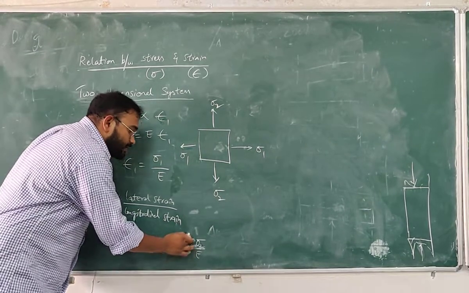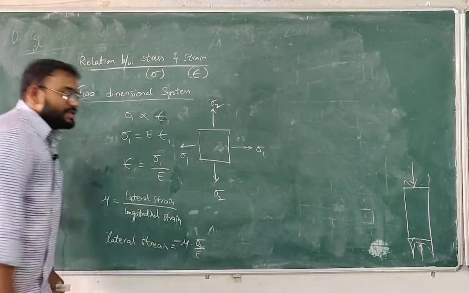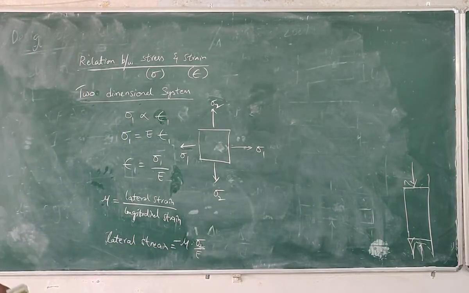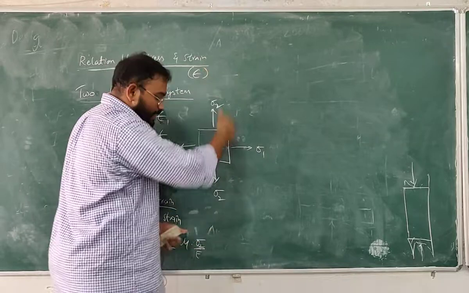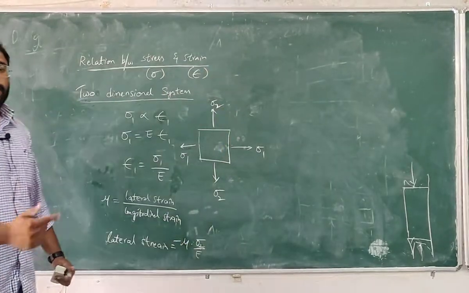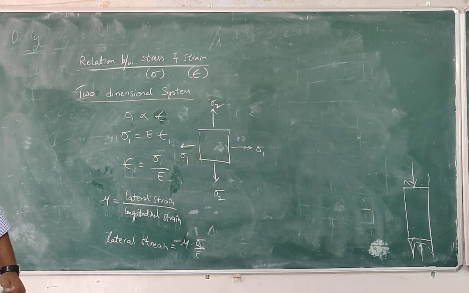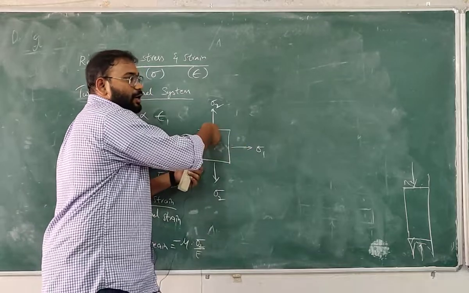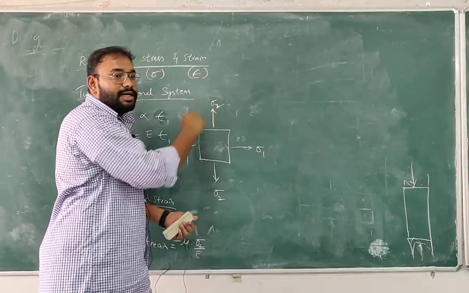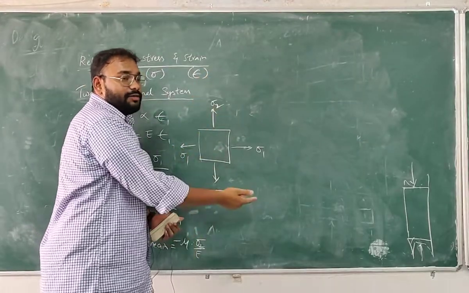Now, this is to be denoted with a negative sign. Always remember, when you have two forces in other directions, you need to denote one with a negative sign, another with a positive sign. Why? Because in the body, one is having an elongation in this direction and another in this direction, which cannot be denoted on a single side of the axis.